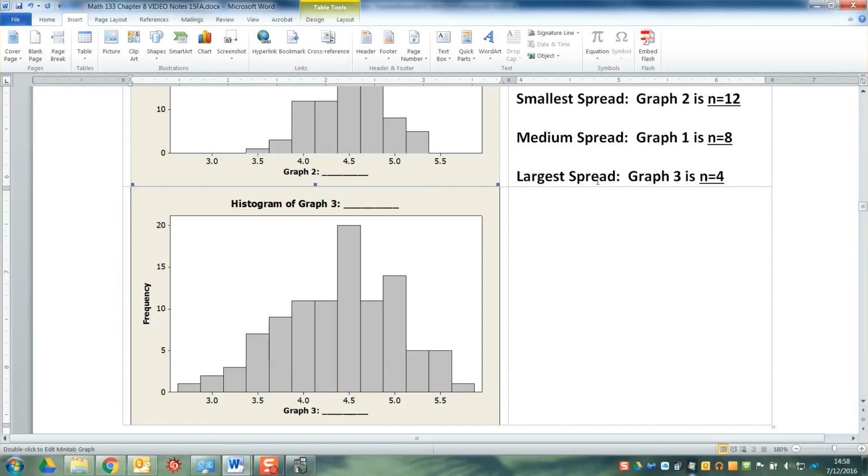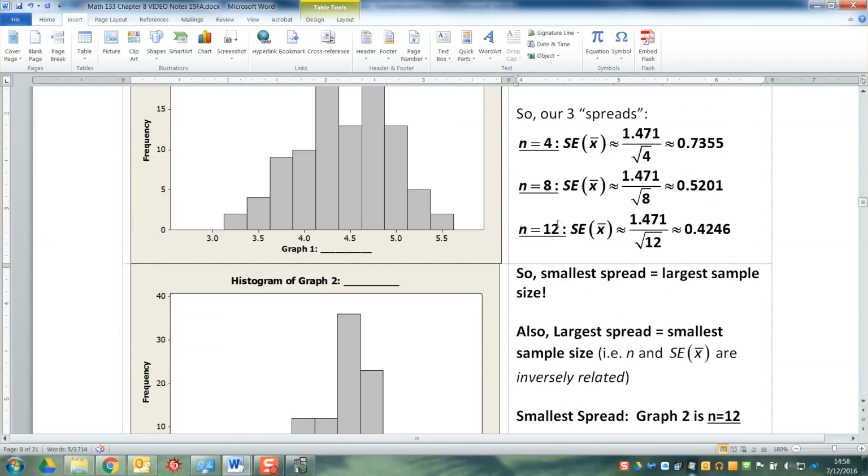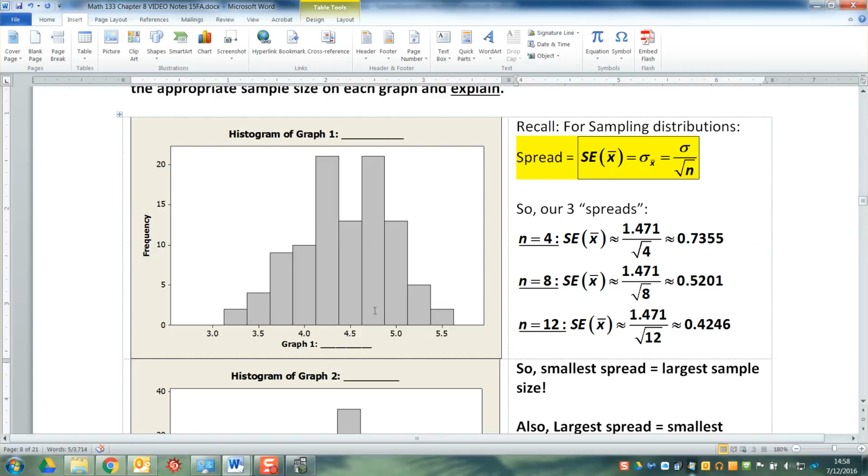That makes it the graph for n equals 4. The middle one, up here at the top, has a couple things at 5.5, but nothing past that, and nothing at 3.0 or lower. So this is the middle of the road graph, which means it's the middle of the road sample size, n equals 8.